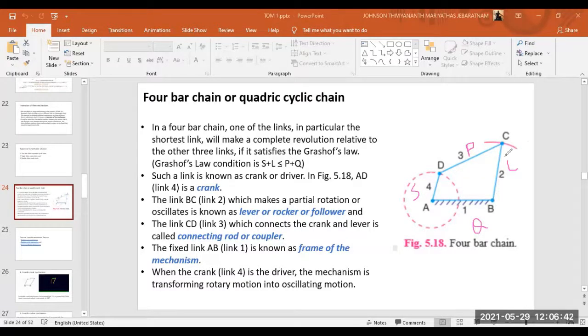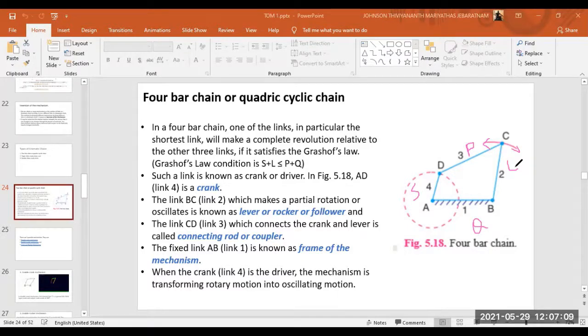This BC will move this way and that way. Since this is fixed, it can only oscillate back and forth, so it is making a kind of partial oscillation. This is known as lever, follower or rocker. You can call it by any one of these names.